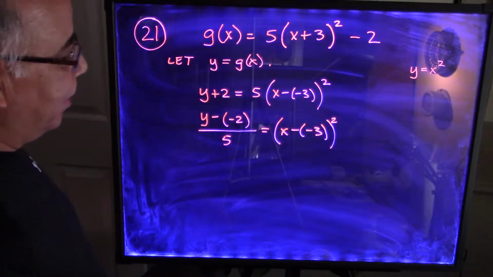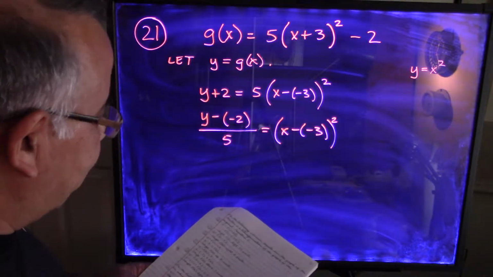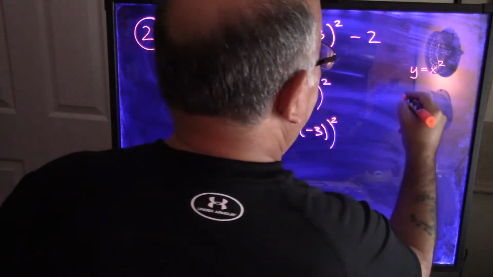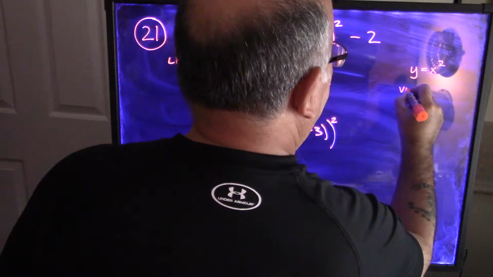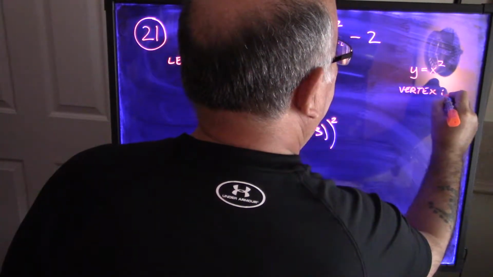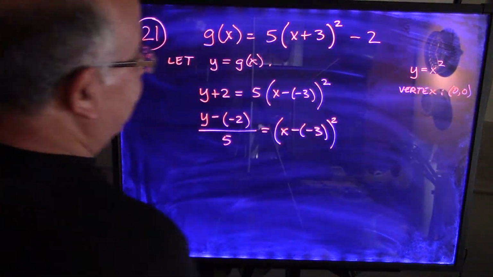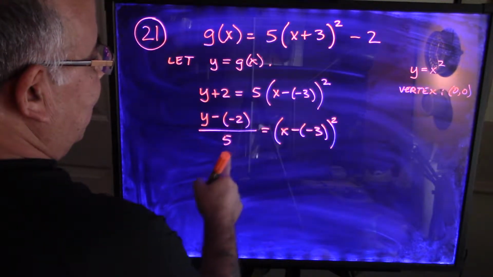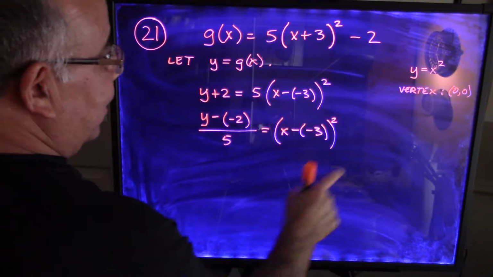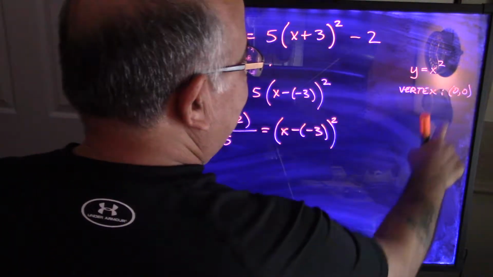These constants. The usual vertex for y equals x squared is the origin, 0, 0. But this one has been shifted left 3 units. Think of that vertex being shifted left, so just add -3 to that 0.